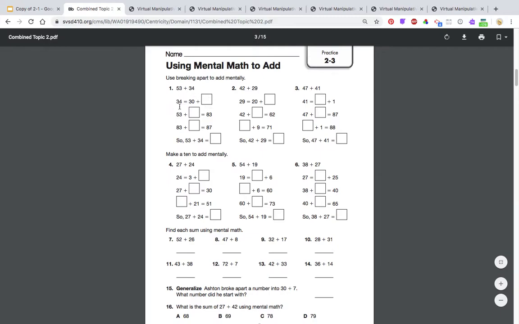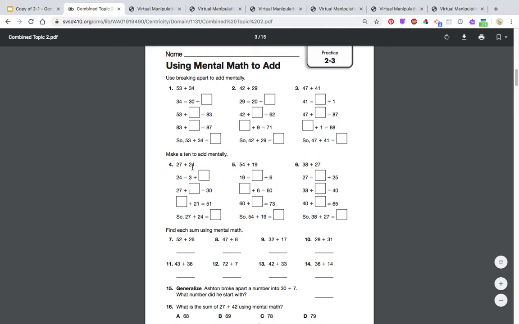So it's taking 34 and it's showing you that step of what that is, breaking it apart. Then you have to think about which part would I add to 53 that would get me to 83. Am I adding the tens or am I adding the ones? And then what am I adding on next? So it has those steps listed out for you. You're just figuring out which ones of those are there.